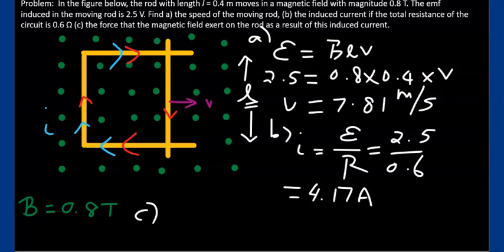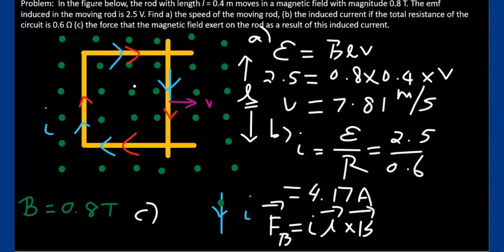Next, the force the magnetic field exerts on the rod. The rod carries the current in this direction, so downward, so that's your current. The field is coming out of the board as represented by the dot. Magnetic force is given by I L cross B. So the direction of L is downward, following the direction of the current. B is coming out of the board. Taking the cross product between these two vectors will give you the magnetic force in that direction. So that is the direction of the magnetic force.